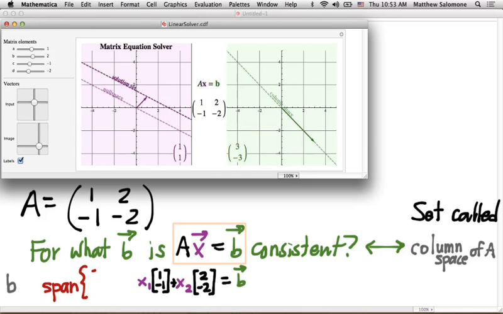Exactly. b lives within the span of those 2 vectors, (1, -1) and (2, -2). b is an element of the span of those 2 vectors. So, that's actually our definition of what the column space of a matrix is. The column space of a matrix is exactly the span of its columns.